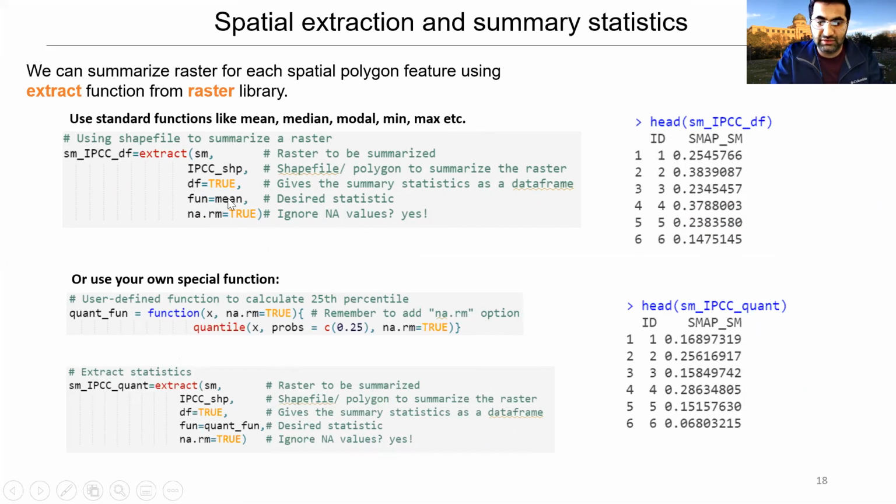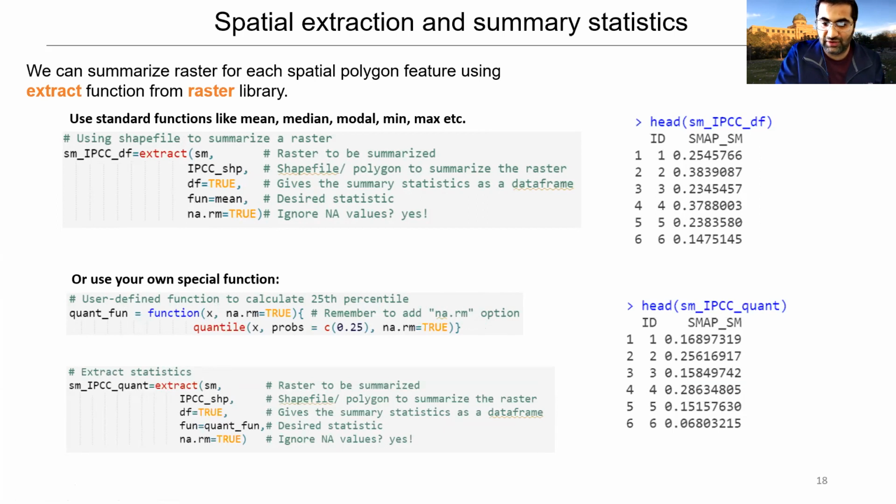In many cases, you can use mean, median, mode, or any other function over here. And in case you have a specific custom function that you want to use, all you have to do is make your function. In this case, I have given a very small example using the quantile function. All this custom function does is find the 25th percentile of x, which should be an array or a vector.